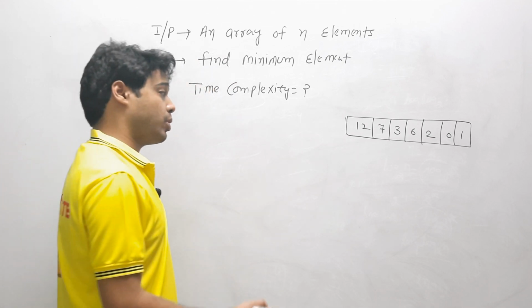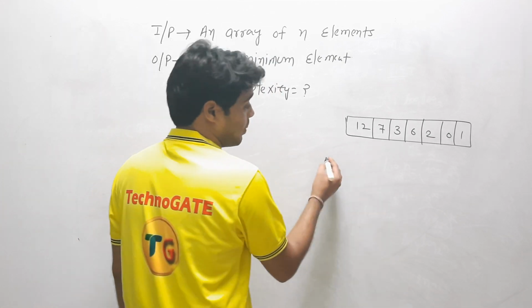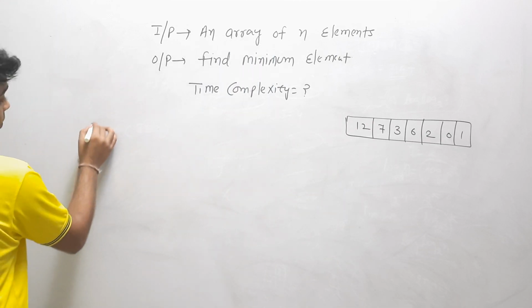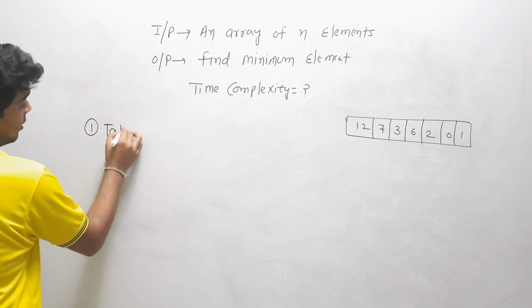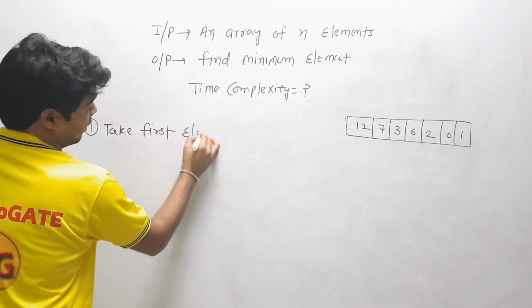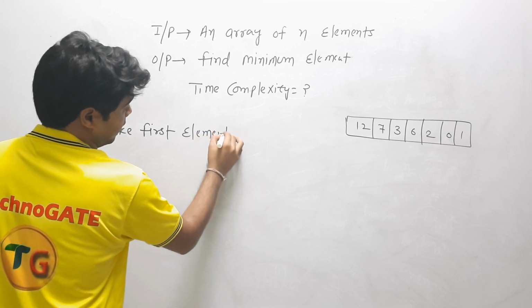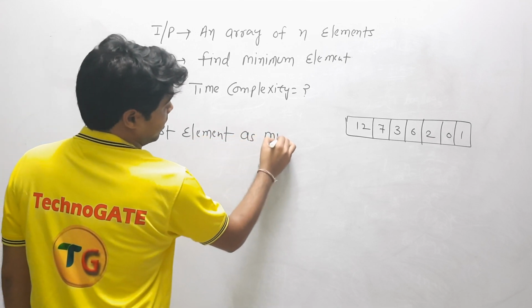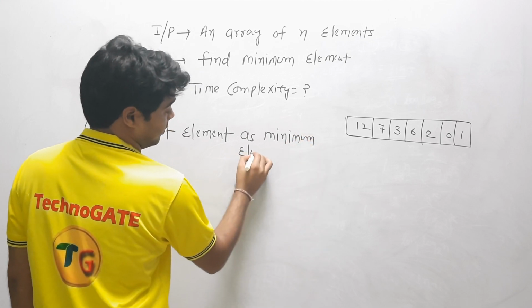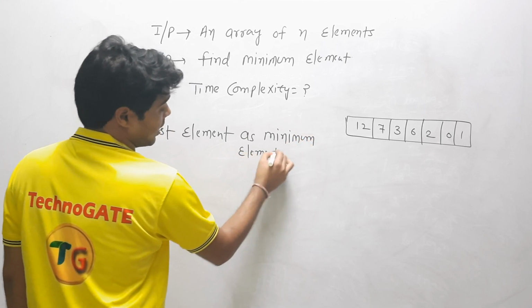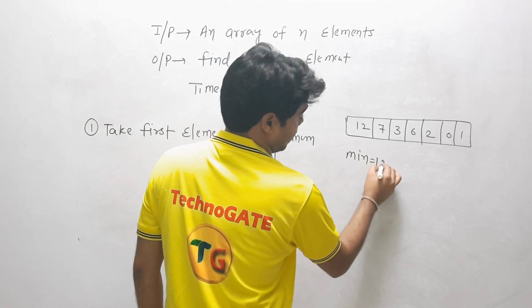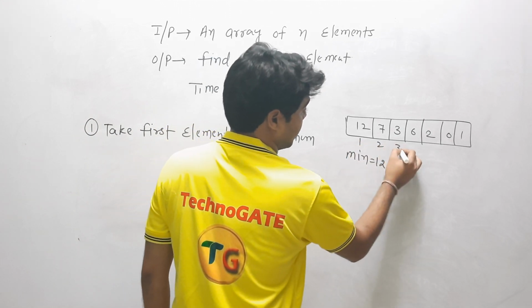First, take the first element as the minimum element. So the minimum is what here? 12.